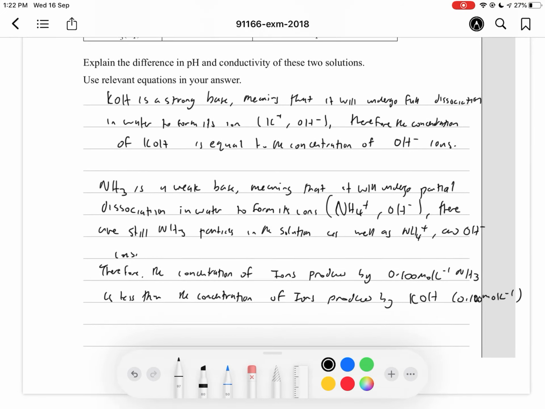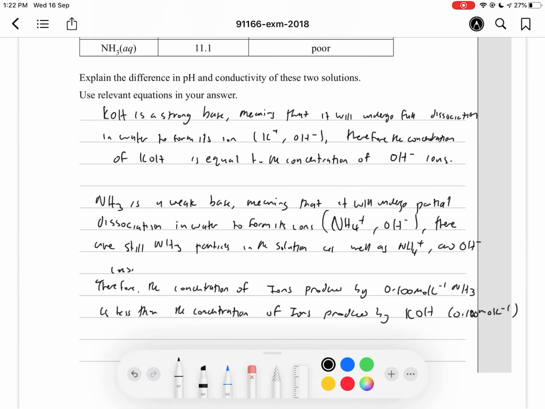That's a fair comparison, as they're both of equal concentration. KOH undergoes full dissociation to form its ions, so there are no KOH particles, just K plus and OH minus ions. But for NH3, it only undergoes partial dissociation, meaning there's only going to be some NH4 plus ions and some OH minus ions, and also some of the NH3 base still left.